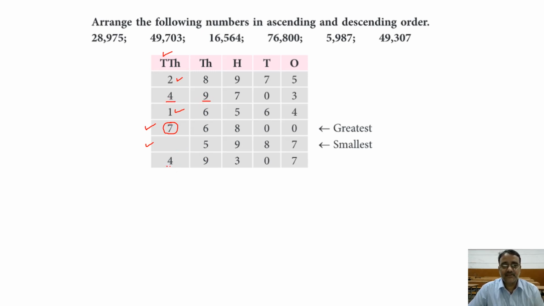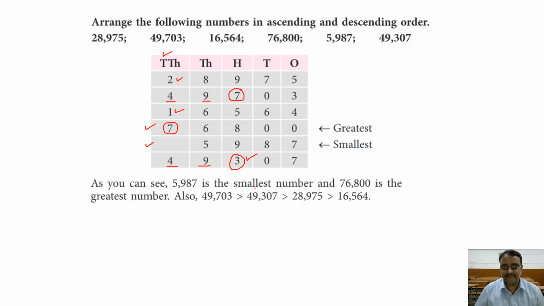Wait, 4, 9, 10,000 and 1,000 both places are the same. Then we have to check for the 100 place. 7 and 3, 3 is smaller so write that first. So 49,307 and then 49,703 and the last one is 76,800.